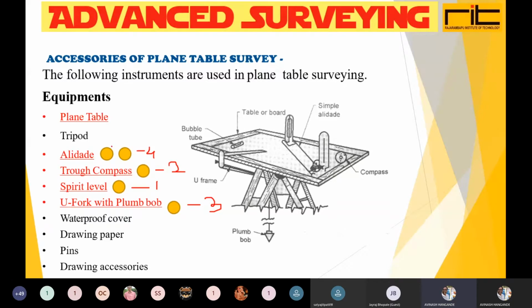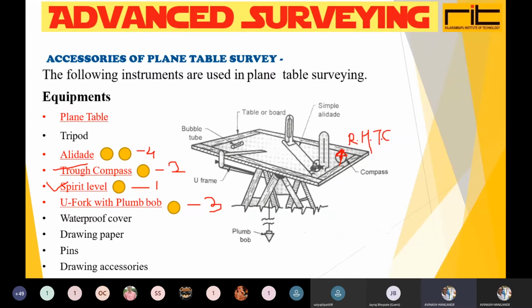So this is the right sequence. Remember that first we level the instrument with the help of this spirit level. Then we mark the north direction with the help of this trough compass. Remember that north direction is marked on this corner. So this is our right hand top corner.